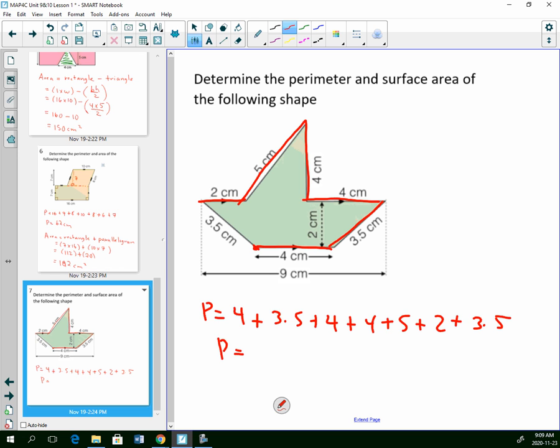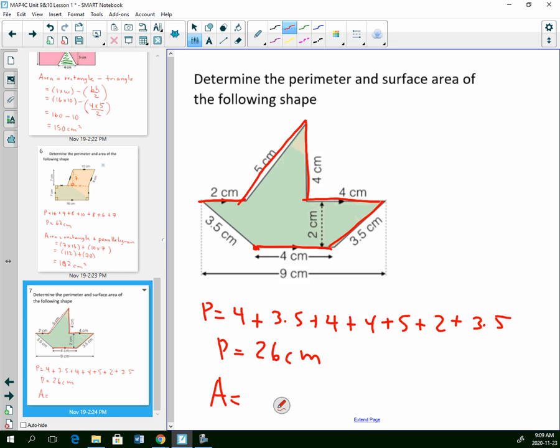So perimeter was fairly straightforward. All the measurements were there. I just have to add them all up. I didn't have to figure anything out. So that's 26.